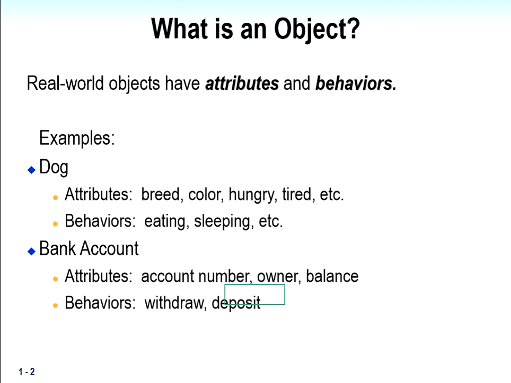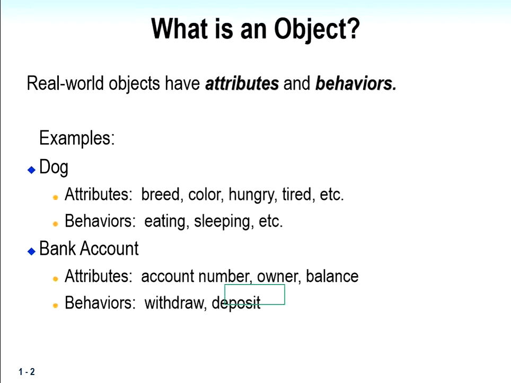So play, eat, sleep, all those verb-like activities show your behaviors, and all those noun-like attributes are known as properties of that object that define it, like breed, color, hungry, tired.